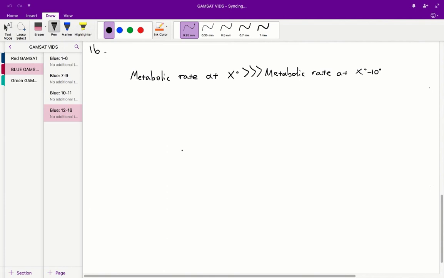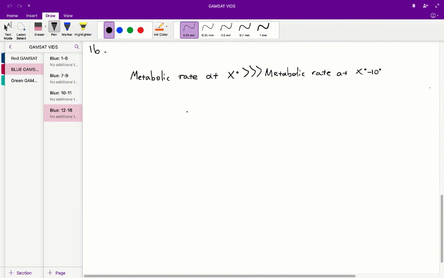Question 16. Question 16 is actually quite simple as long as you understand what Q10 is. Q10 is the metabolic rate at X divided by the metabolic rate at a temperature 10 degrees less than X. So what we want is our metabolic rate at X to be much larger than the metabolic rate at a temperature 10 degrees less than X to get the largest value of Q10.